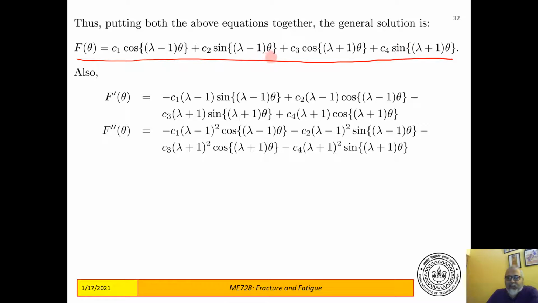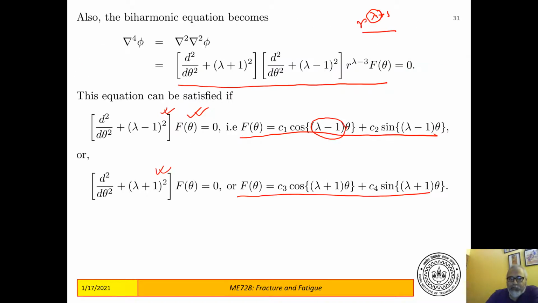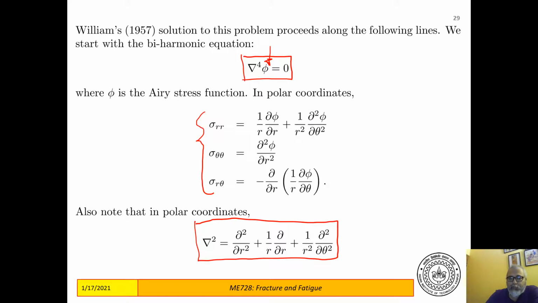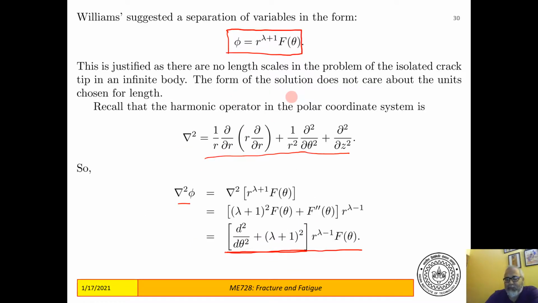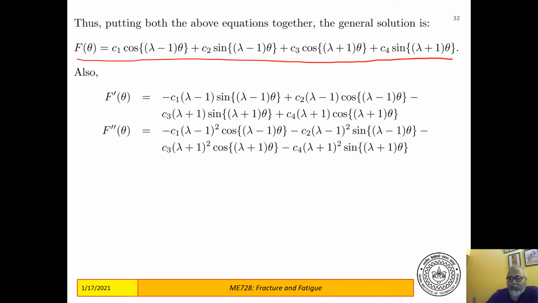Just for the sake of, because we are going to need them to calculate the stresses here, we need derivatives of phi, and for derivatives of phi we need the derivatives of f theta. We keep the f theta derivatives calculated.